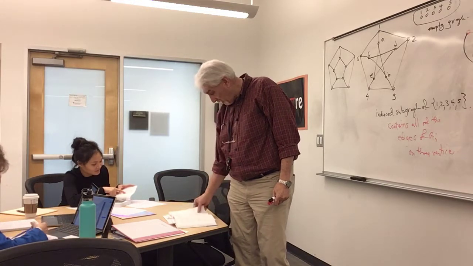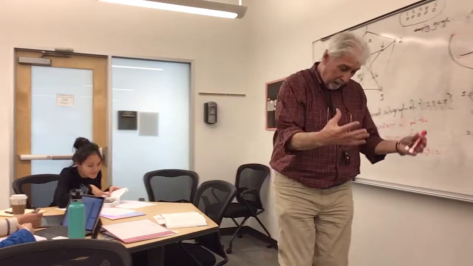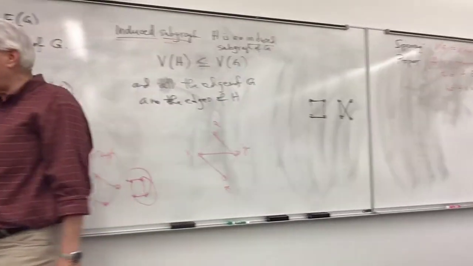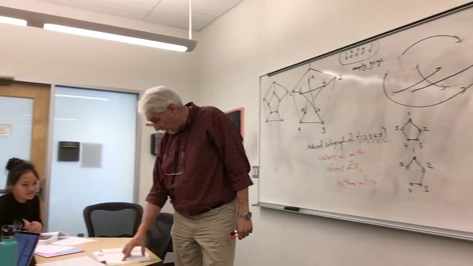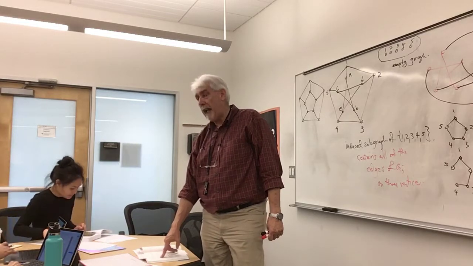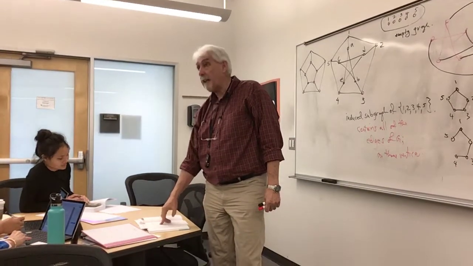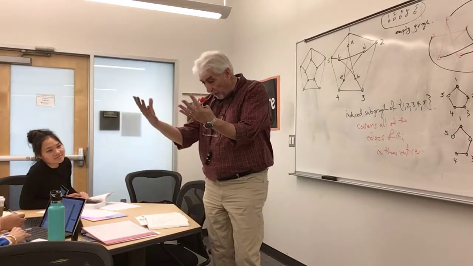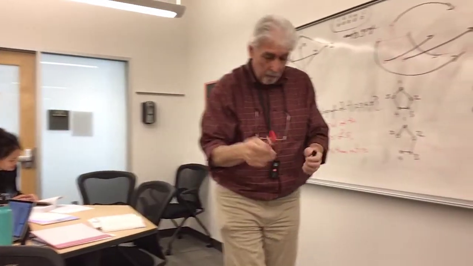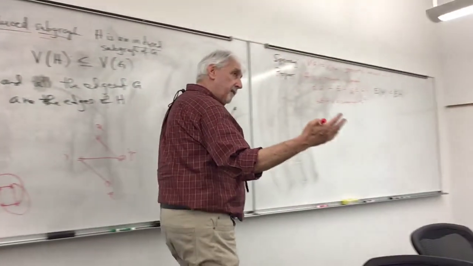The way they define it in the book is that H has got to be a subgraph of G. So if you read the book, on page 60, a subgraph H of G is said to be proper if H is not isomorphic to G. If they were isomorphic, H would necessarily contain all the edges and all the vertices.